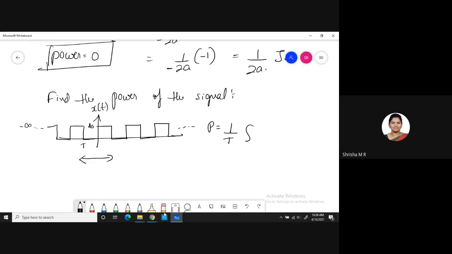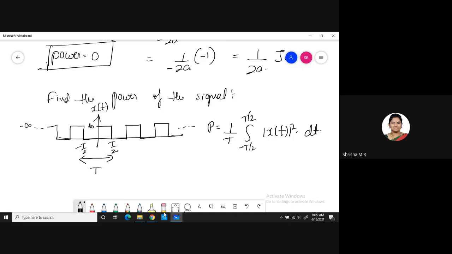So we have one time period T. So power is nothing but 1 by T integral minus T by 2 to plus T by 2 modulus of x of t whole square into dt.